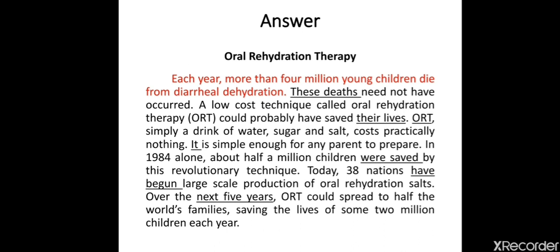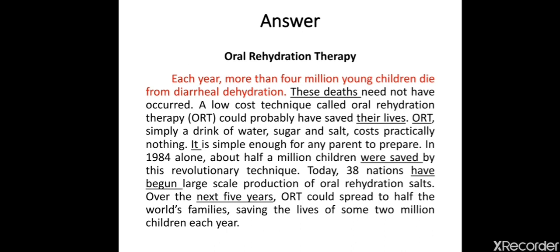These deaths: these words are underlined. They are talking about the deaths happening every year. Each year, more than 4 million young children die. So the second sentence starts with the idea of death. These deaths need not have occurred.